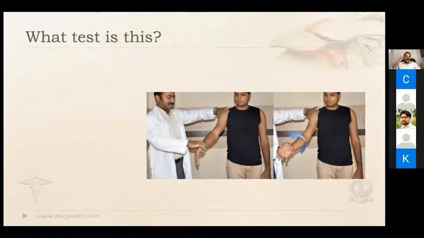Always have it in your mind that acromioplasty is not an answer for shoulder impingement. That was the answer before the understanding of the shoulder biomechanics of the balance between the deltoid and the supraspinatus.